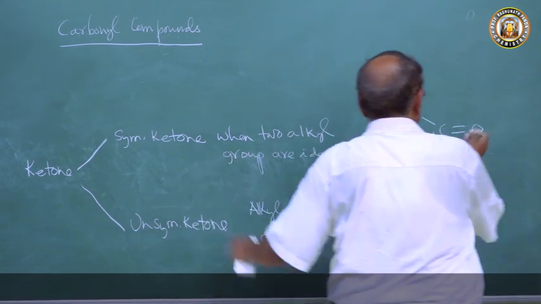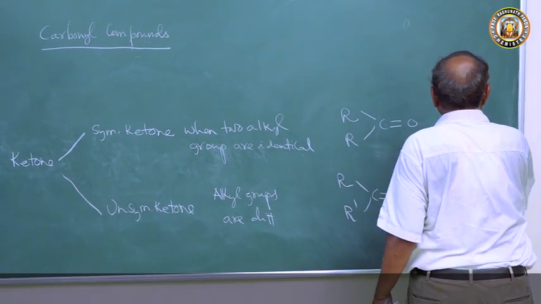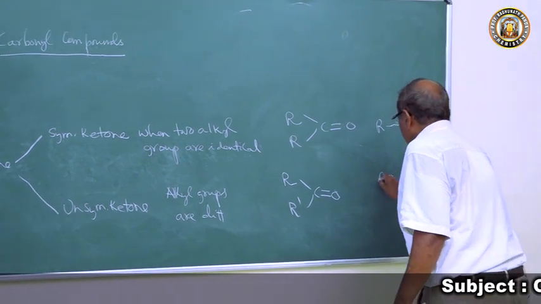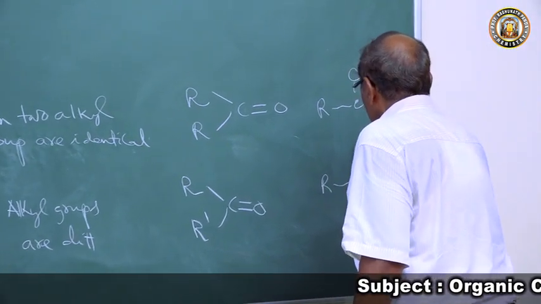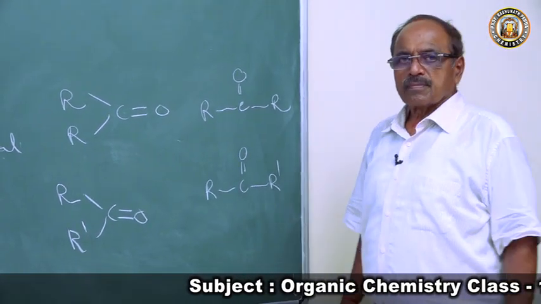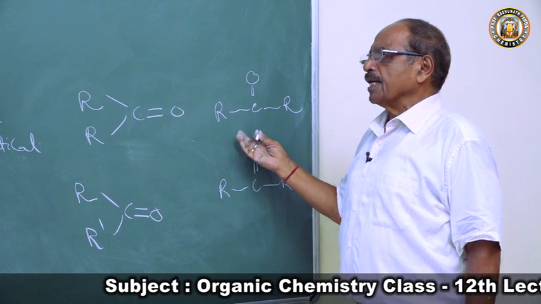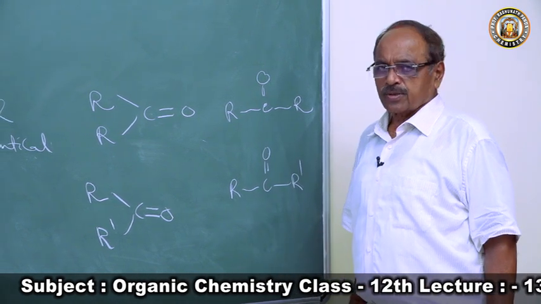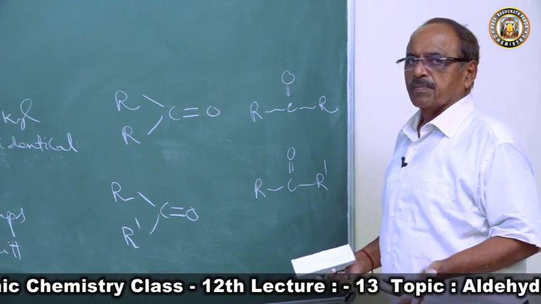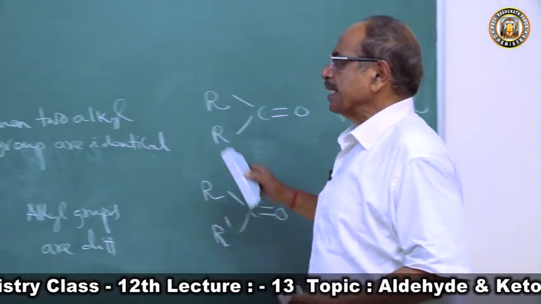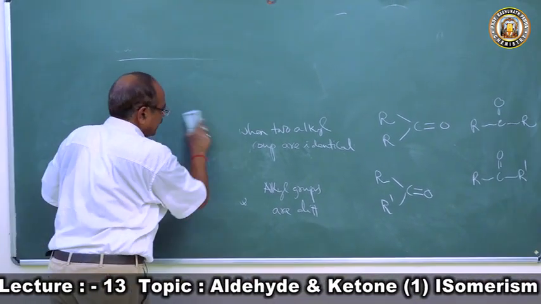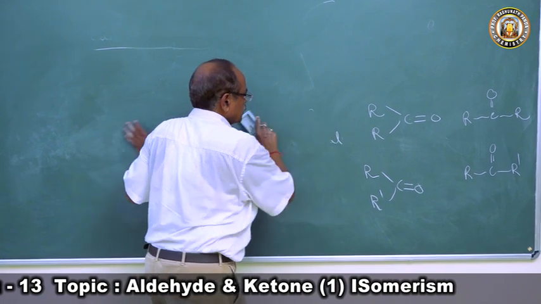You can write RRCO for the symmetrical ketone, and RCOR' for the unsymmetrical ketone. So aldehydes and ketones are the carbonyl compounds. Now we'll go to the nomenclature of aldehydes and ketones, how the aldehydes are named and how the ketones are named.